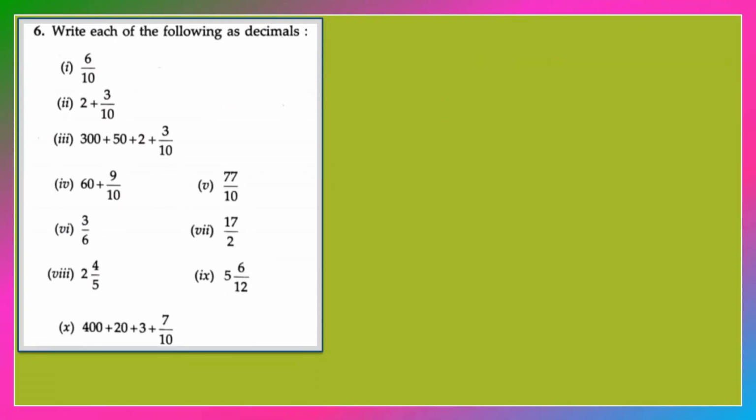Next question, question number 6. Write each of the following as decimals. In this case, I'm going to solve for the third part and the tenth part. So let's do the third part here: 300 plus 50 plus 2 plus 3 upon 10. It is pretty easy. We're going to add these values first. It is 352.